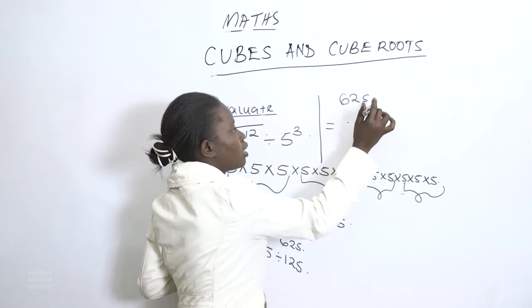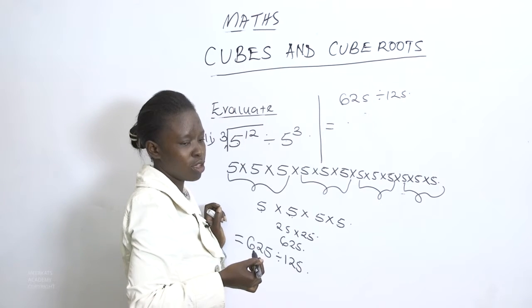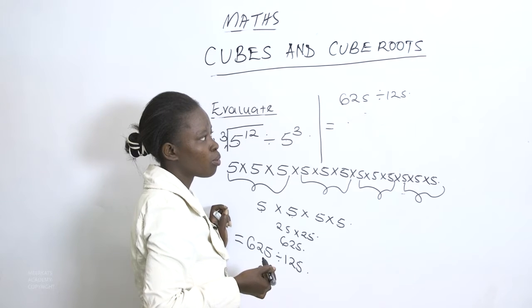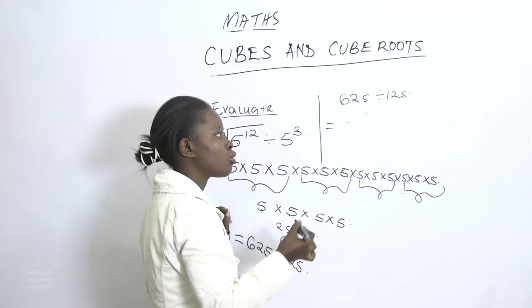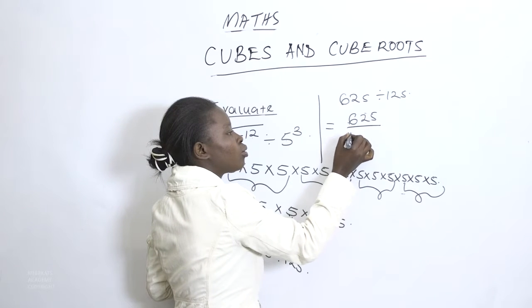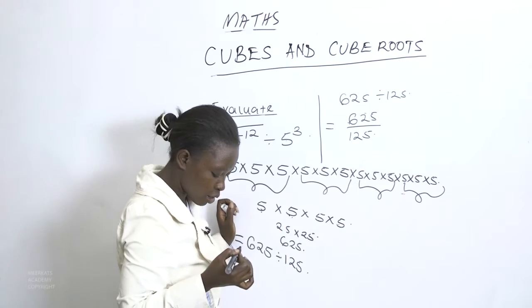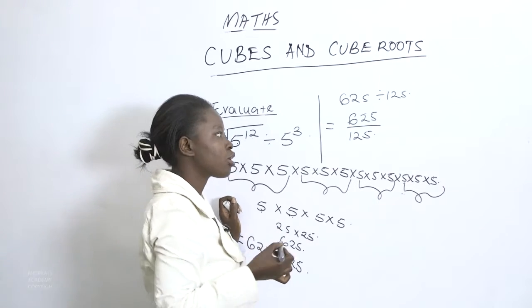So we are dividing 625 by 125, meaning I can write my answer in fraction form, 625 over 125. Then we have common factors that can simplify our fraction.